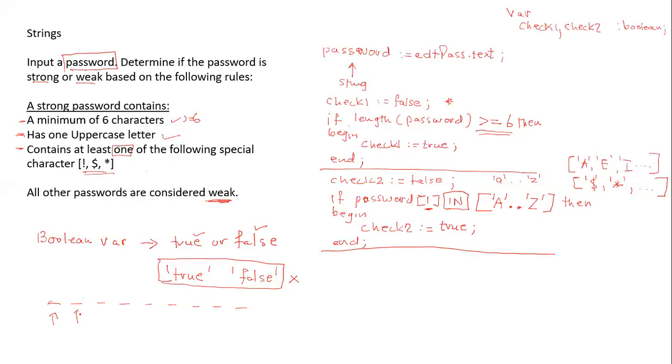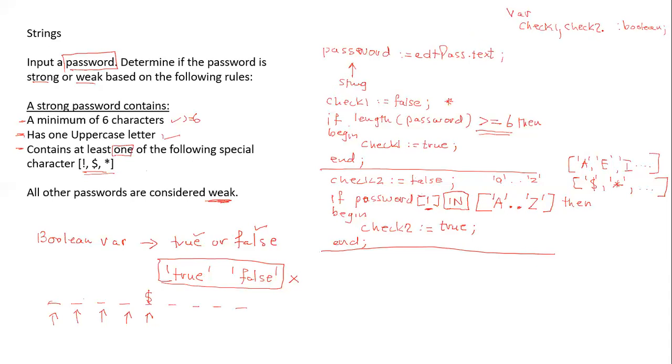Does that contain an exclamation, dollar, or star? And I check each one. And when I do find it, then the change needs to take place in terms of the Boolean variable in exactly the same way as I explained previously.